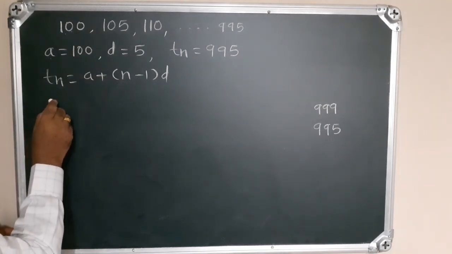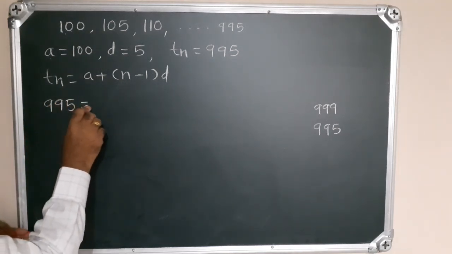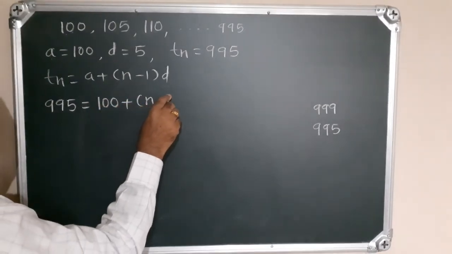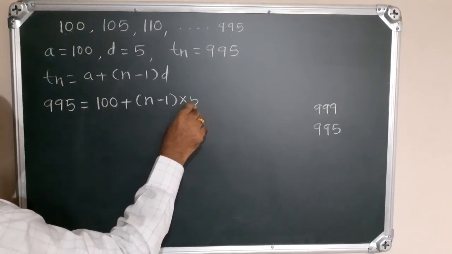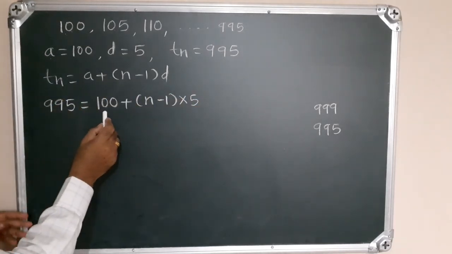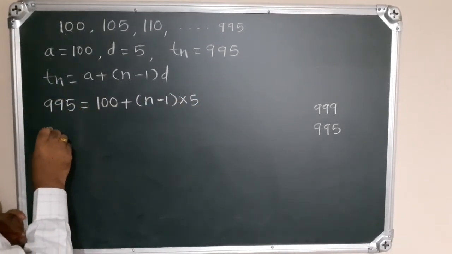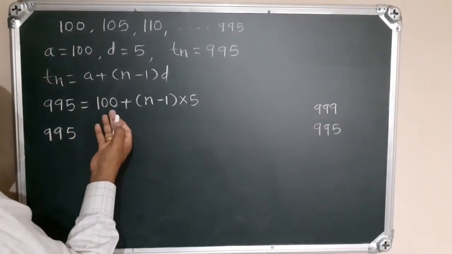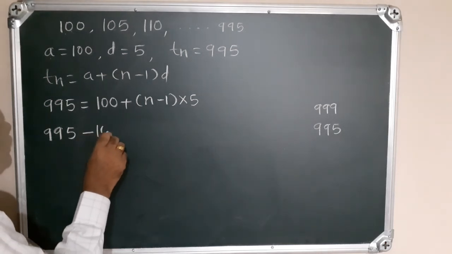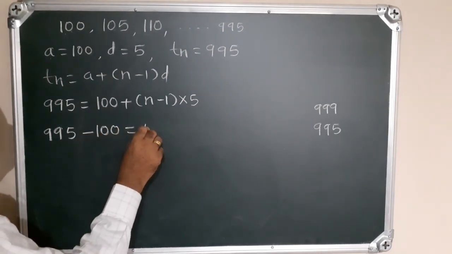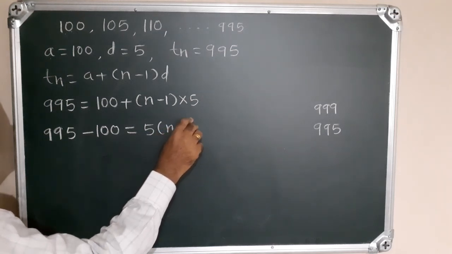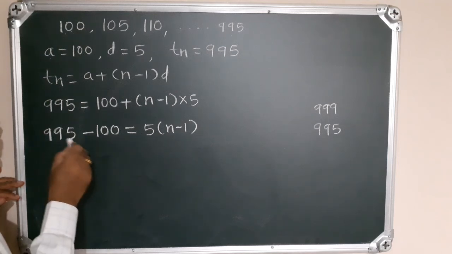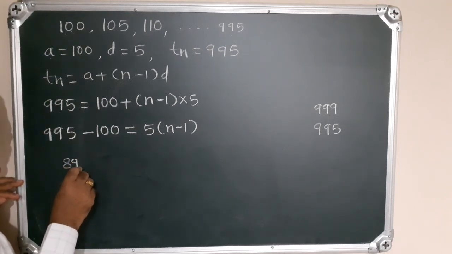So 995 is equal to A, that is 100, plus n minus 1 into D, that is 5. Transfer this 100 to that side, so we get 995 minus 100 is equal to 5 into bracket n minus 1. So this is 895.